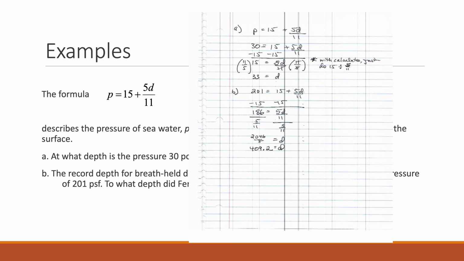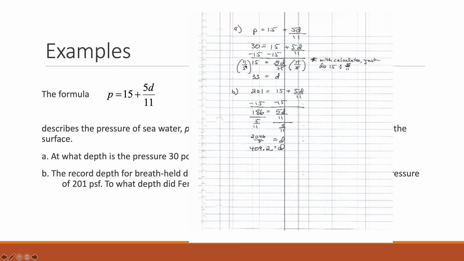But if you don't have access to a calculator, you should remember that when you divide a fraction, you flip and multiply. So I take what would have been this 5/11ths that I have to divide by, and I multiply by 11/5. Again, I flip it, 5/11ths becomes 11/5, and I multiply. On the left-hand side, 5 will go into 15 3 times. 11 times 3 is 33.